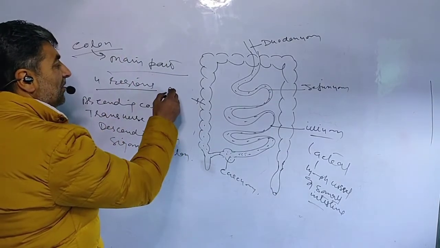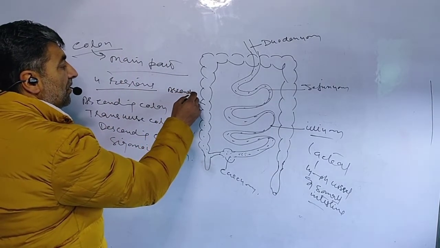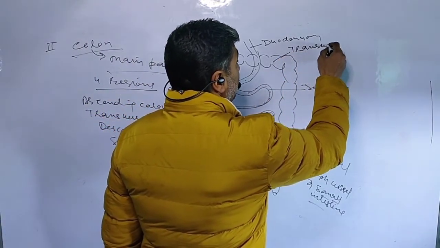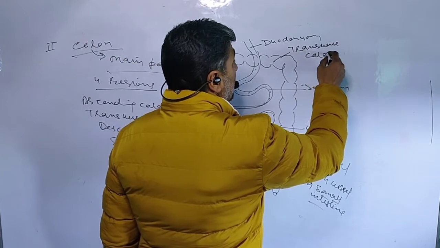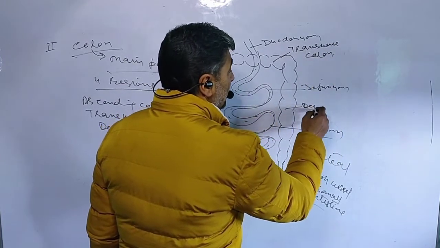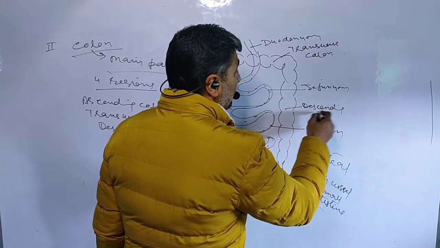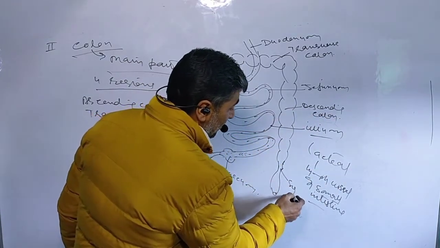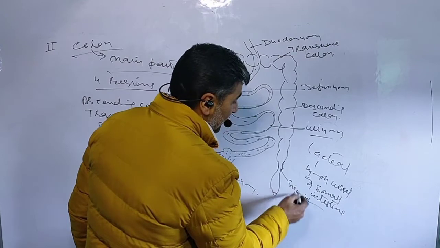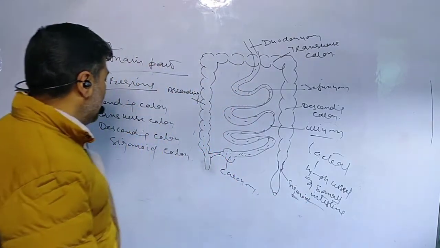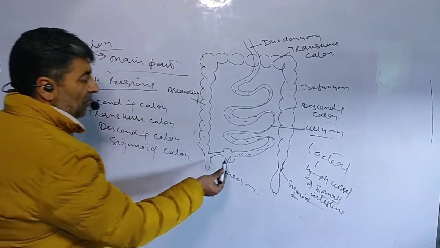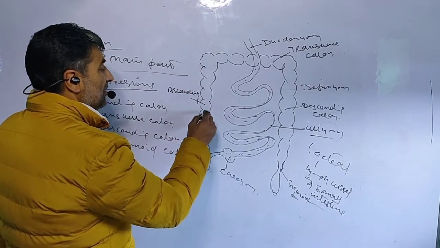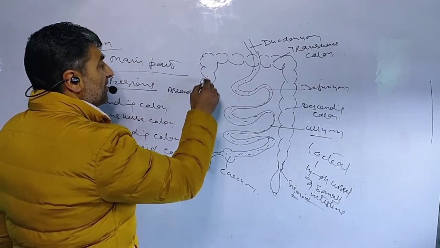This is ascending colon. This is transverse colon. This is descending colon. And this one is sigmoid colon. In the ascending colon, undigested food ascends here.